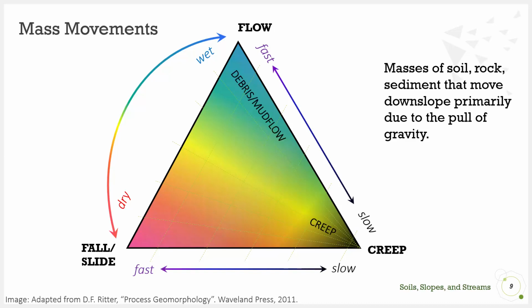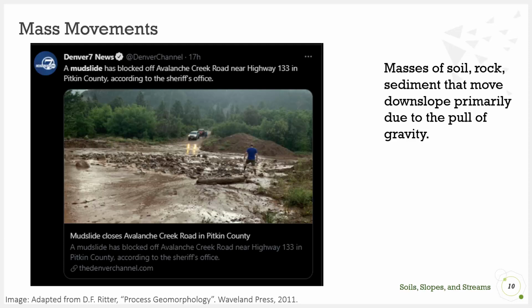We can now fill in the model here with different processes, most of which you've likely heard of. Somewhat importantly here, not everyone uses these terms the same way. For example, it's not unusual to hear all kinds of combinations of words with respect to mass movements, especially in the news, including mudslides or rock slides.